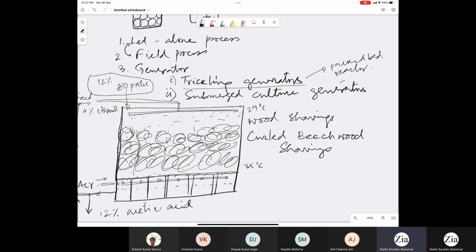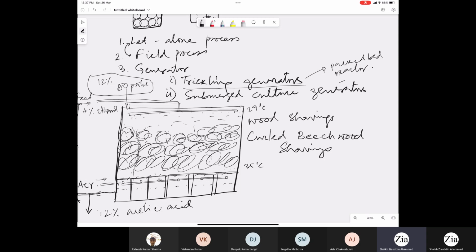And when you have higher acidity or lower acidity in the system, then you get formation or growth of other organisms which can spoil the vinegar. So if you have a really low concentration, like less than 10% acetic acid in the bed, then other organisms will grow and they will spoil the vinegar.